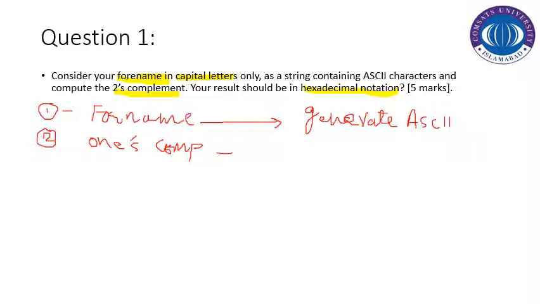And then you add 1 to your resultant string to generate the two's complement. And the third step was to convert that binary string, the two's complement string, into hexadecimal.